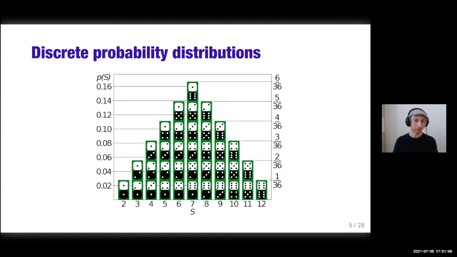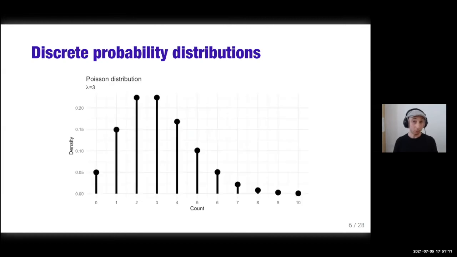Another example of a discrete probability distribution is the so-called Poisson distribution, and this is the distribution of counts, for example, like counting eyes, as we were doing with the minions before, or counting the number of fillers that a speaker is uttering during speech.